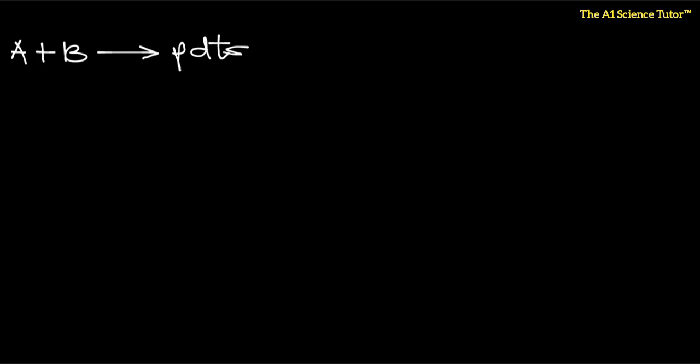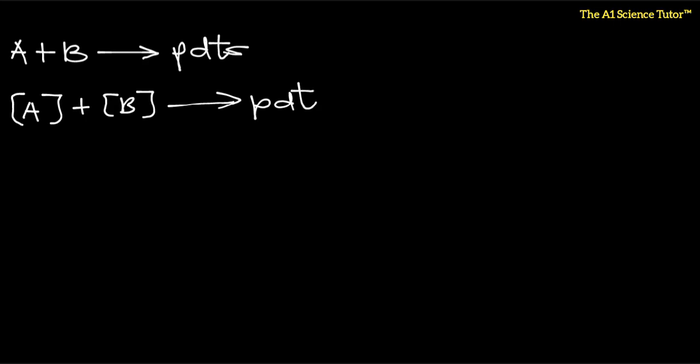You could represent the molar concentration of A as A written in square brackets, and the same for B. So basically we are talking about the molar concentration of the reactant A and the molar concentration of the reactant B.